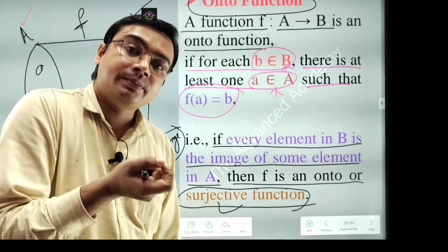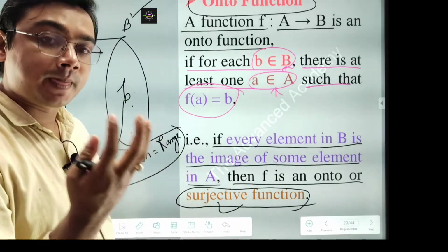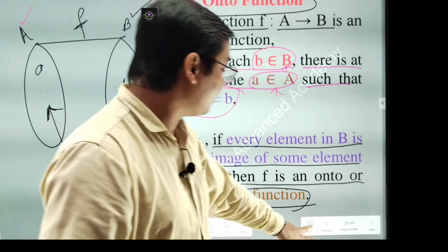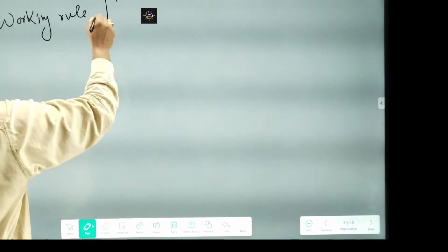One-one को इंजेक्टिव, onto को सर्जेक्टिव. Now you see what is the working rule, working rule to verify whether the given function is onto or not.